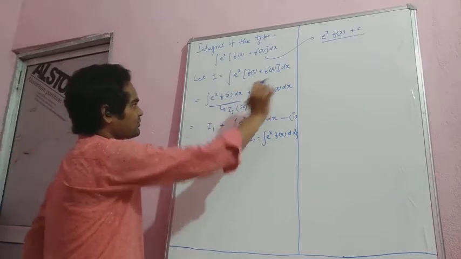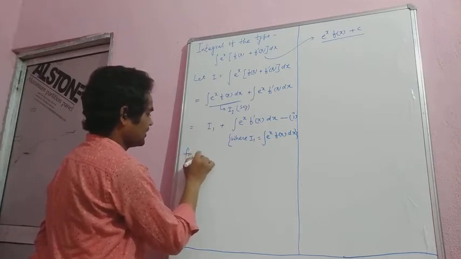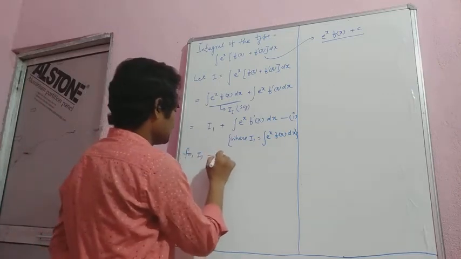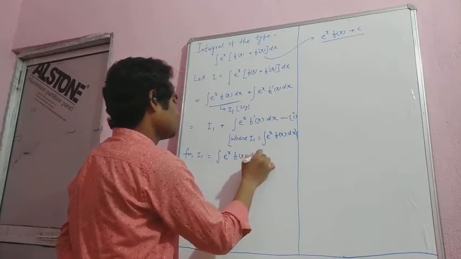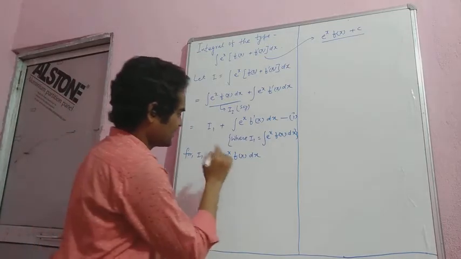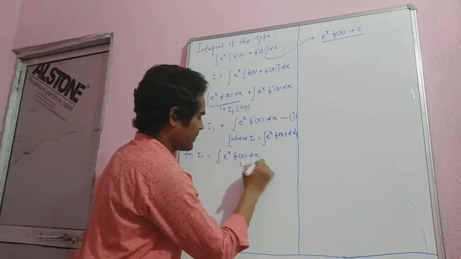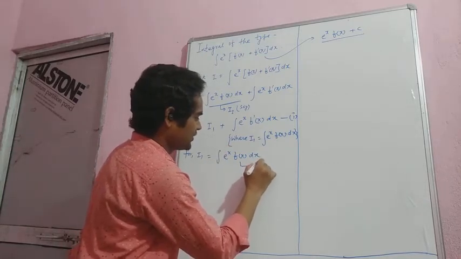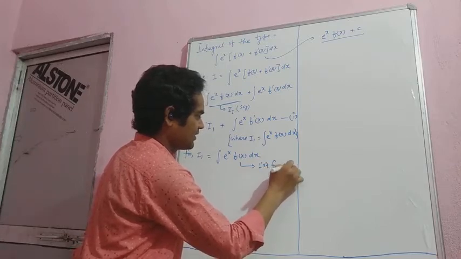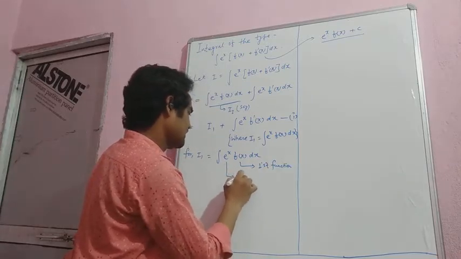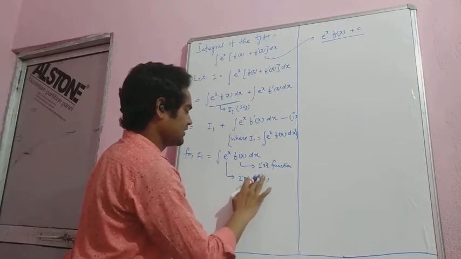So here, for I1 equal to the integral of e to the power x f(x) dx, students, take f(x) as the first function and e to the power x as the second function, that means g(x).